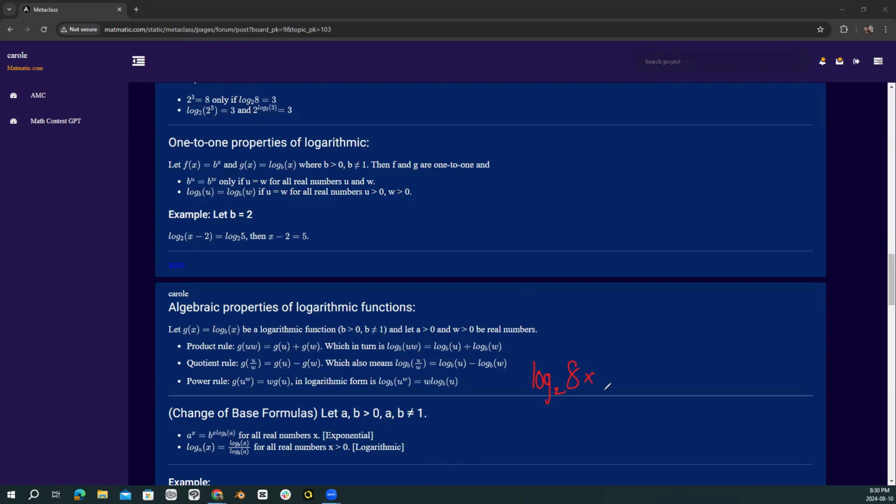By the product rule, we can separate this into two logs with a plus sign in the middle. So this would become log base 2 of 8 plus log base 2 of x. This is the product rule.